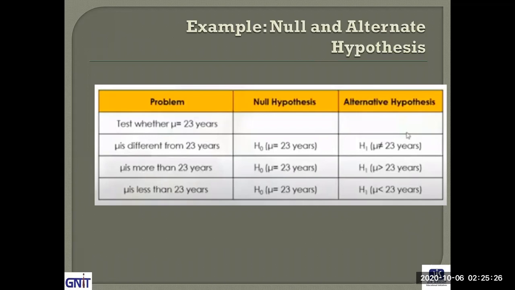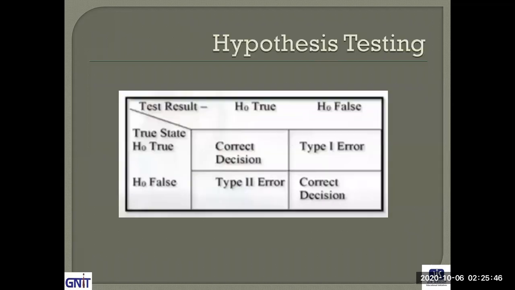So the first column is the example of null hypothesis, and the last column is the example of alternate hypothesis. Hope it is clear to everybody. Now hypothesis testing. The row is presenting the test result, and the column is presenting the true state.